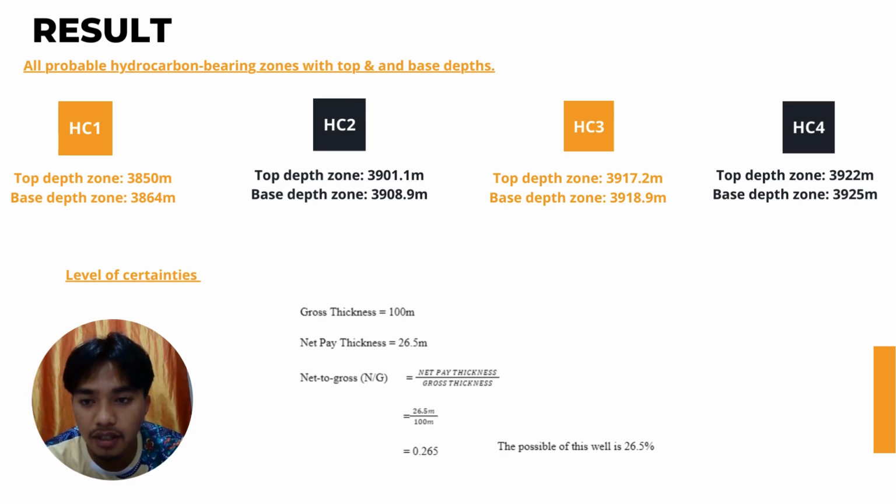For the result, for the probable hydrocarbon-bearing zones with top and base depth, we got for hydrocarbon-bearing zone 1 a top of 3,850 meters and base of 3,864 meters. For hydrocarbon 2, we got a top of 3,901.1 meters and base of 3,908.9 meters.